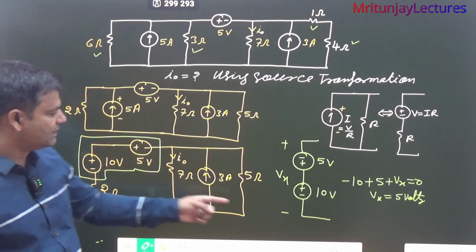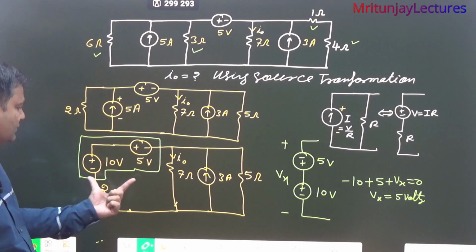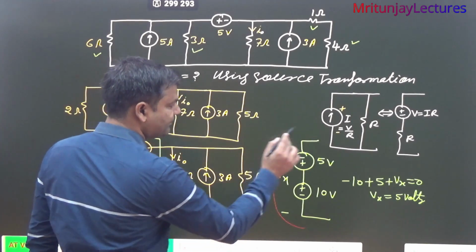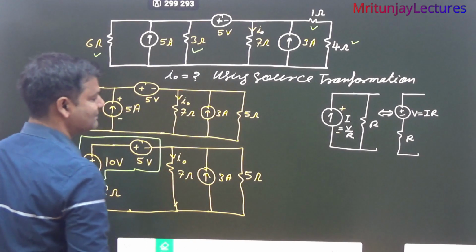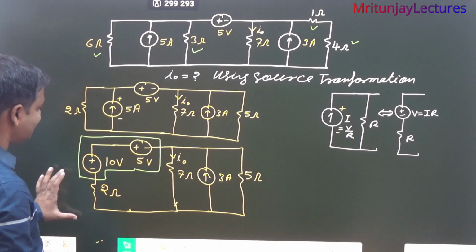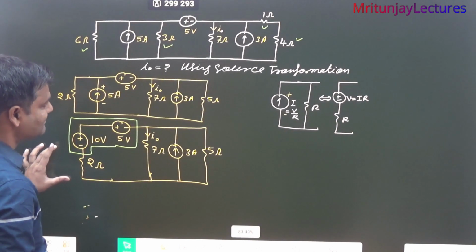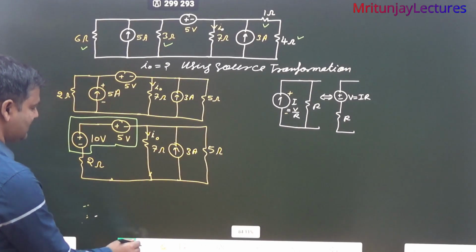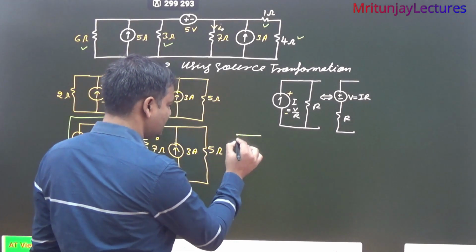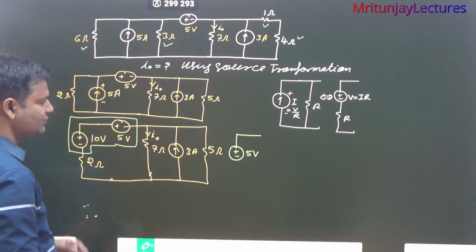And polarity decided: here minus and here plus. Okay, so that one is written. First of all you can remove that. Now, the combination of these two, we got plus minus 5 volt and that is 2 ohm.